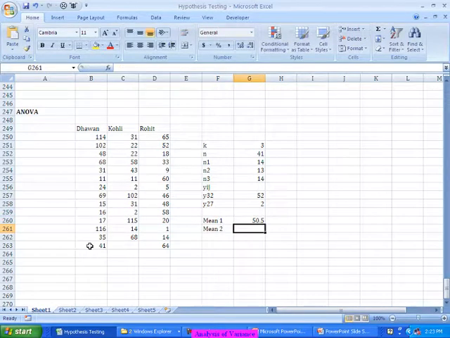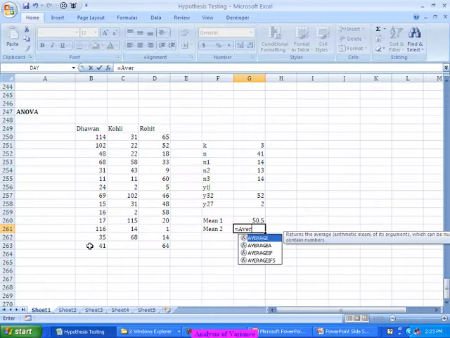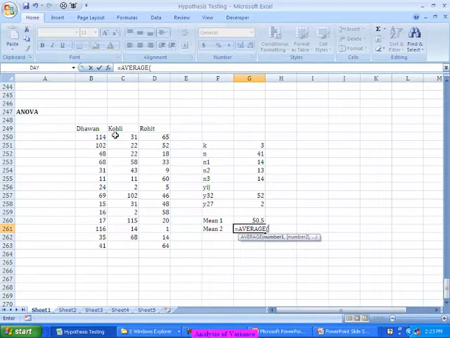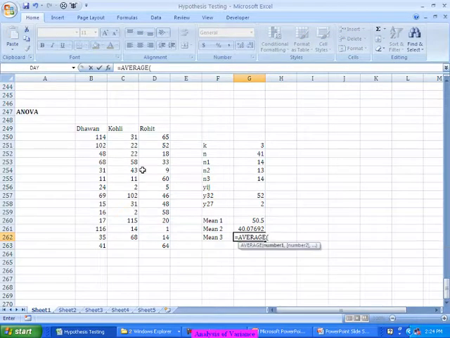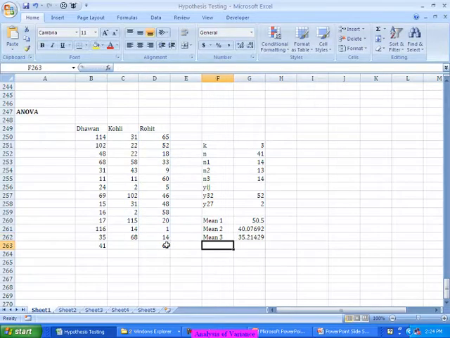When I take the mean of the second set, which is the mean of Kohli, it comes out to 40.07, and the third mean, the mean number of runs scored by Rohit, comes out to around 35.21.